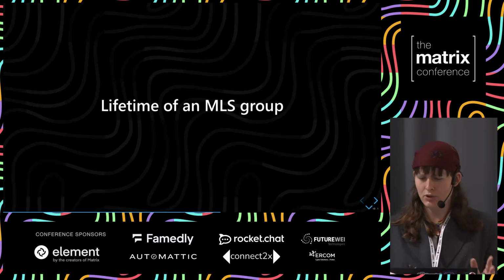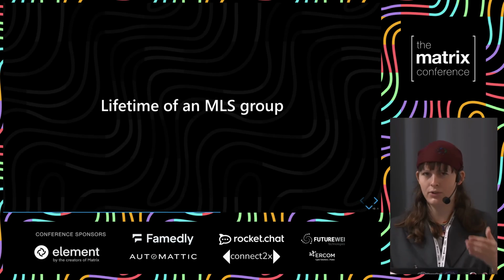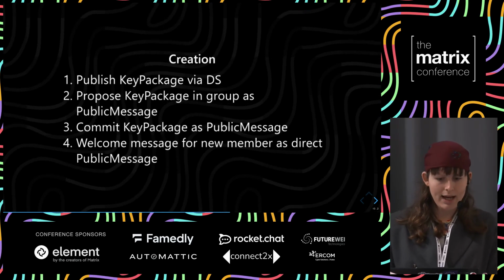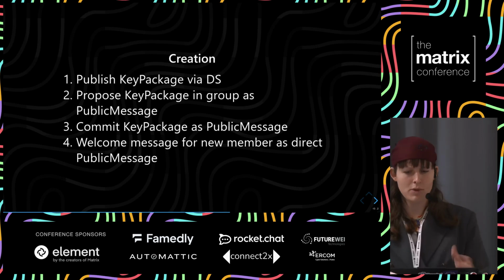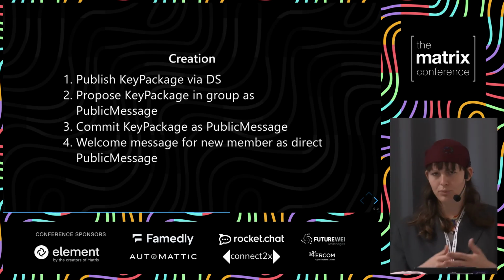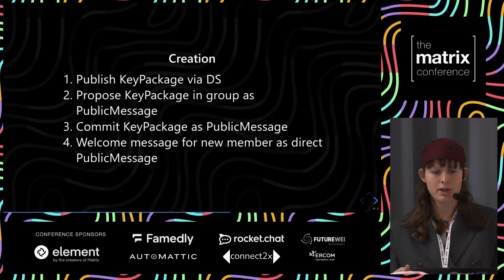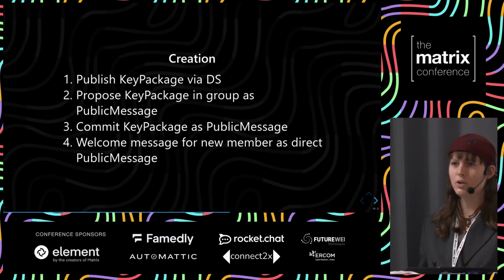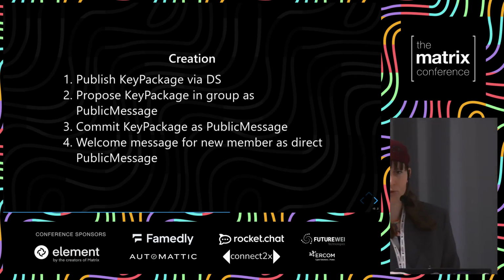So how does it look in detail? How is an MLS group created, without talking about Matrix? The creation process is like this: Alice publishes a key package in the delivery service. Someone grabs this key package and thinks, oh yeah, Alice, I always wanted to talk to her.